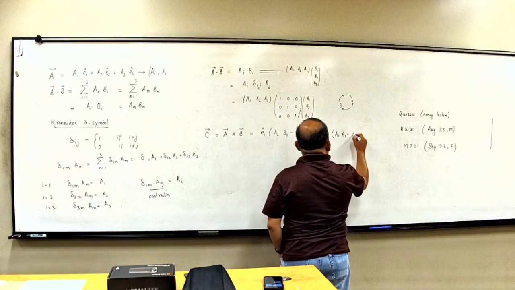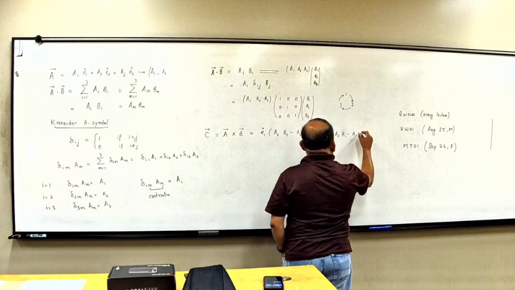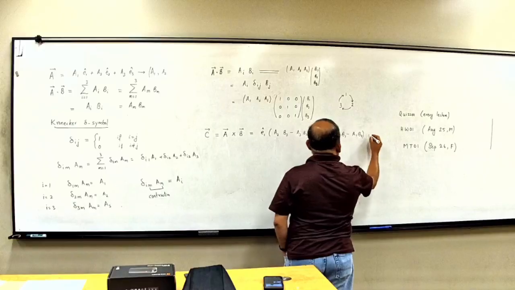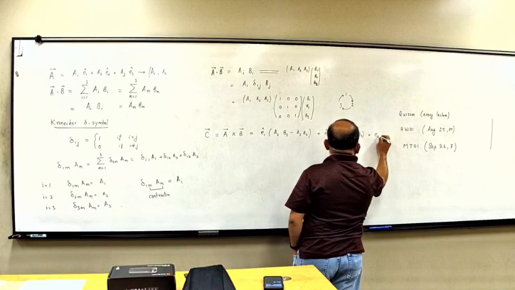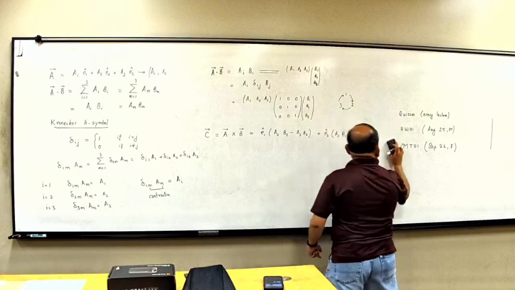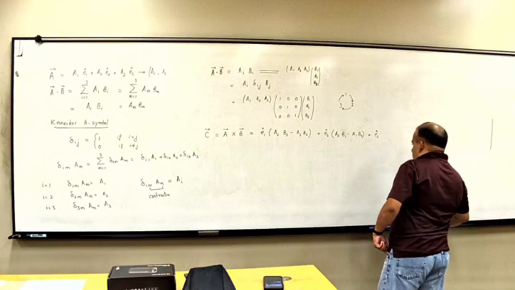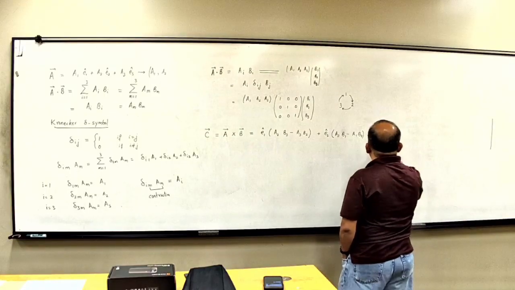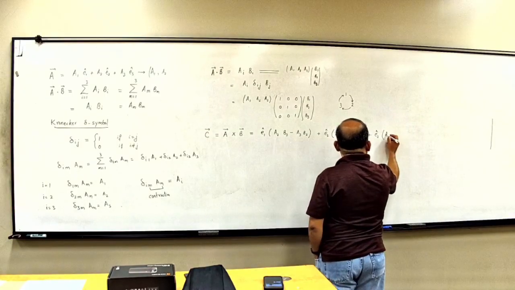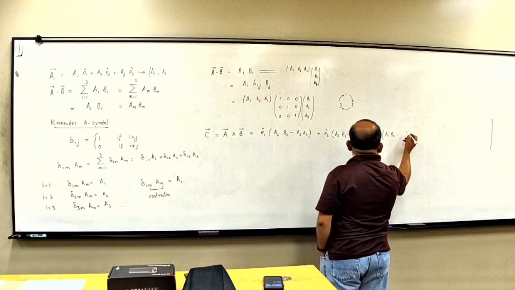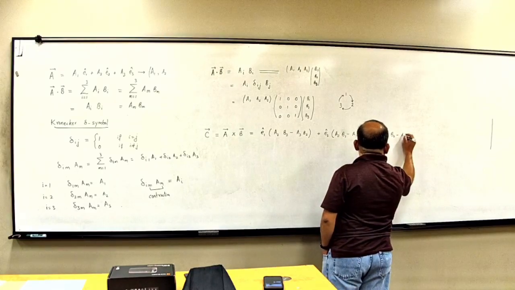And then swap it. So you have A1 times B3, and the next component is e3. And after 3 is 1, so it is A1 B2 minus A2 B1.